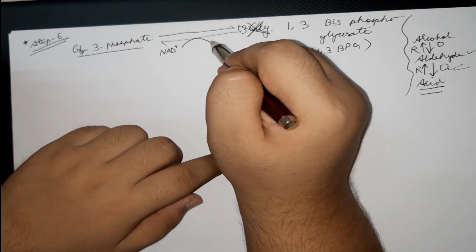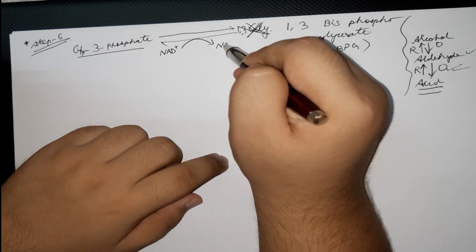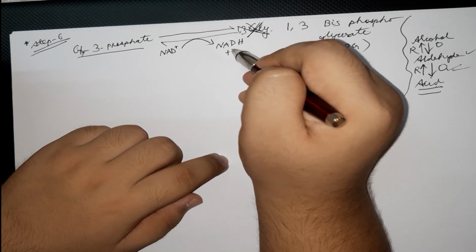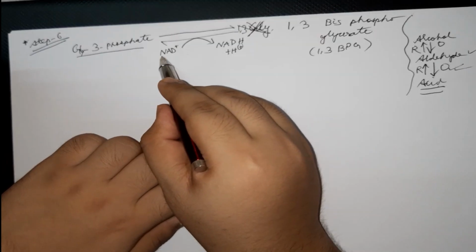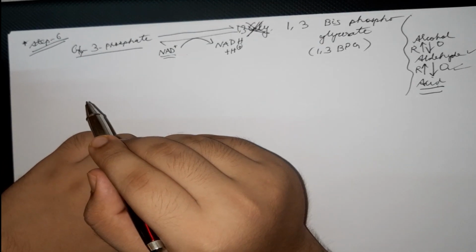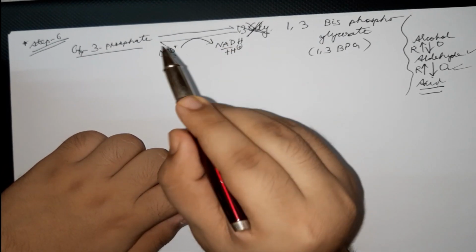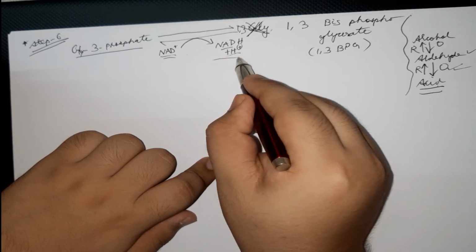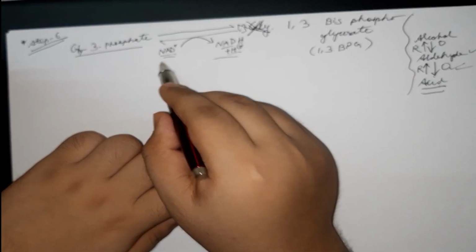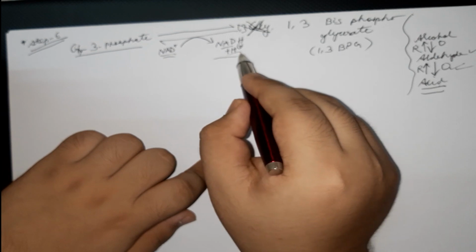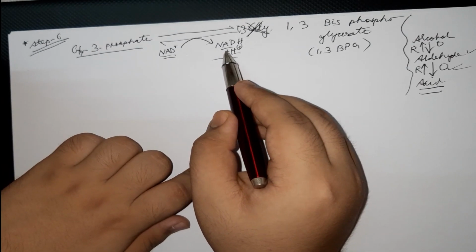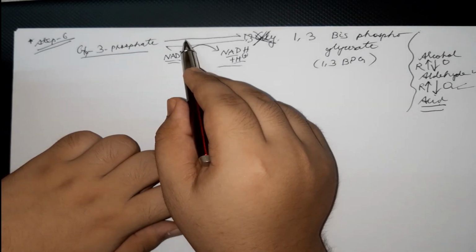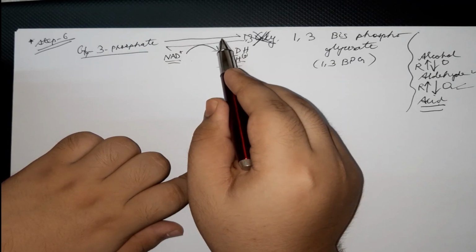NAD+ will be converted to NADH plus H+. So see, NAD+ was the oxidized coenzyme. It itself got reduced. So this step is reduction. This NAD+ is facing reduction, right? So the coupled reaction, this reaction will face what?